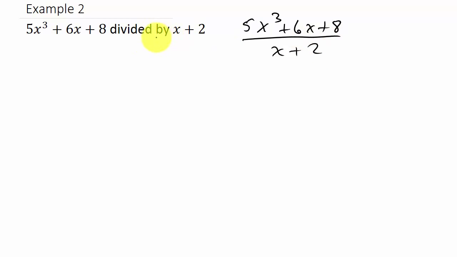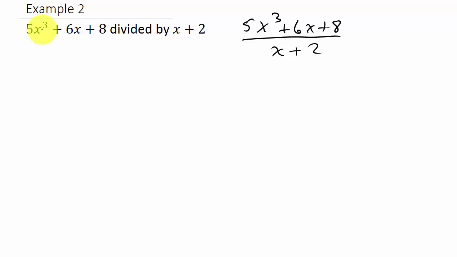You might see the problem written in either one of these forms. Let's look at this one. Notice how this problem's a little bit different than the first one. We have an x cubed term, an x term, and then a constant. Notice right in here the x squared term's missing.